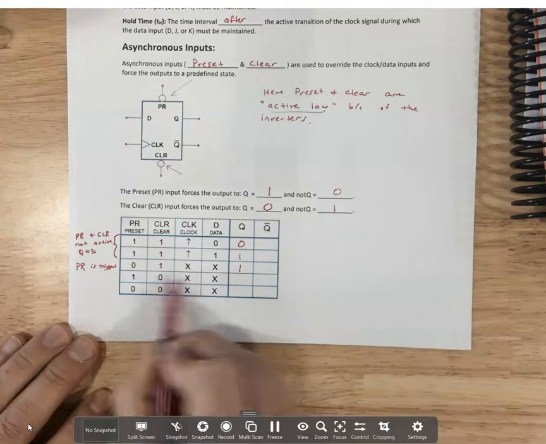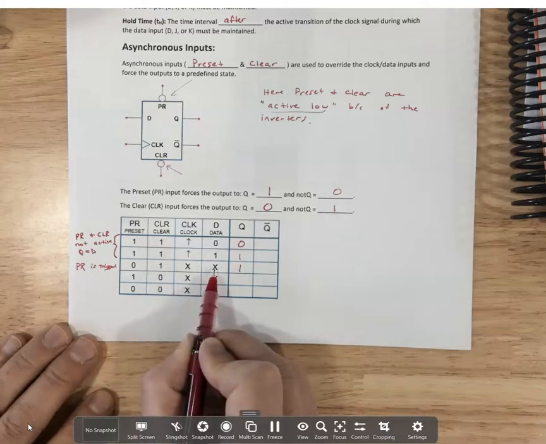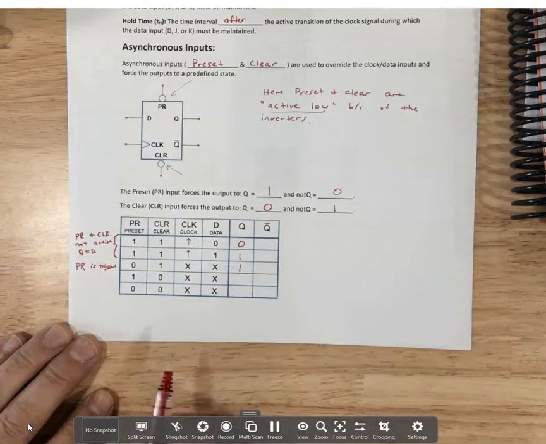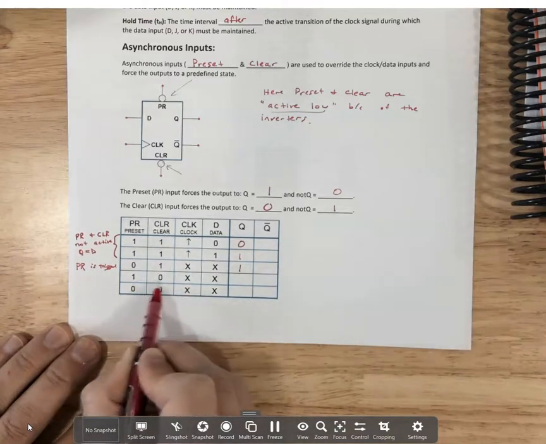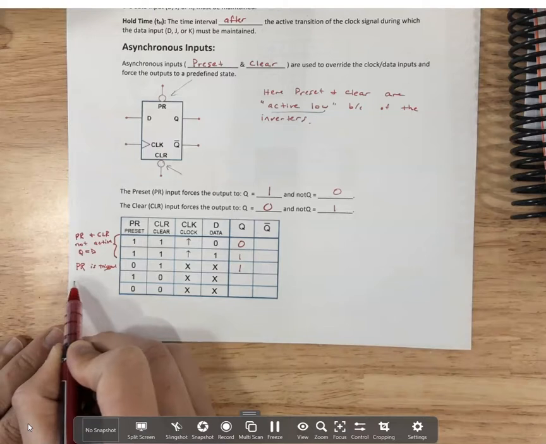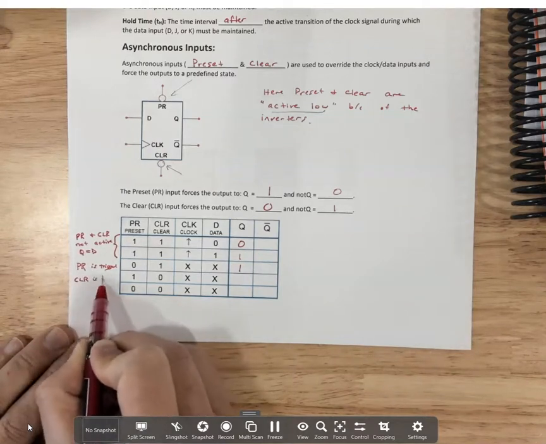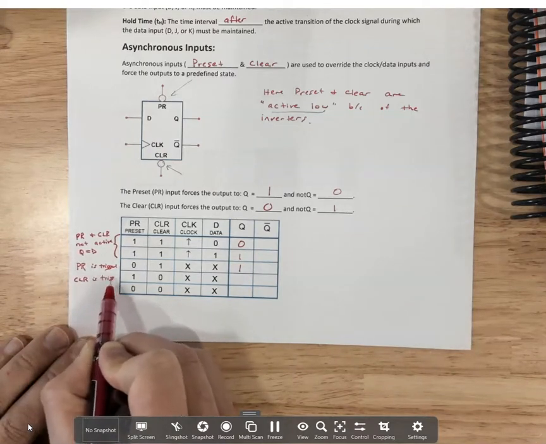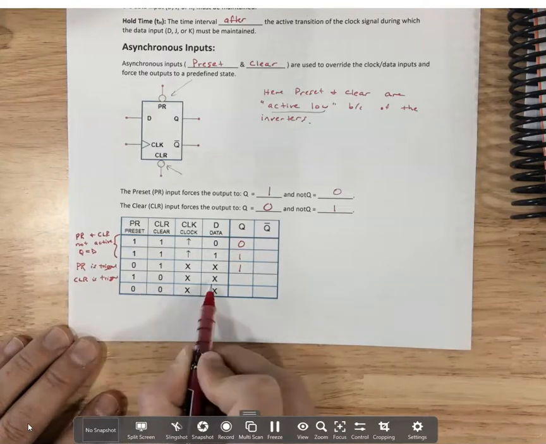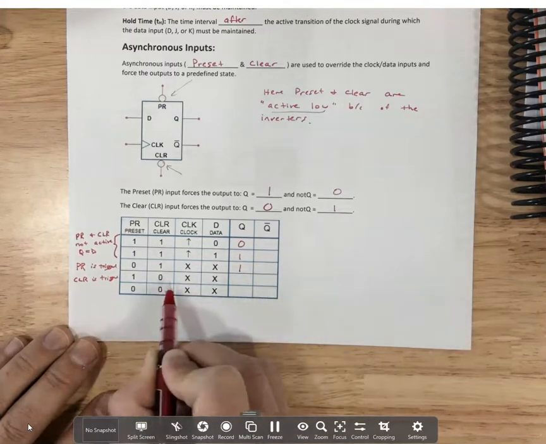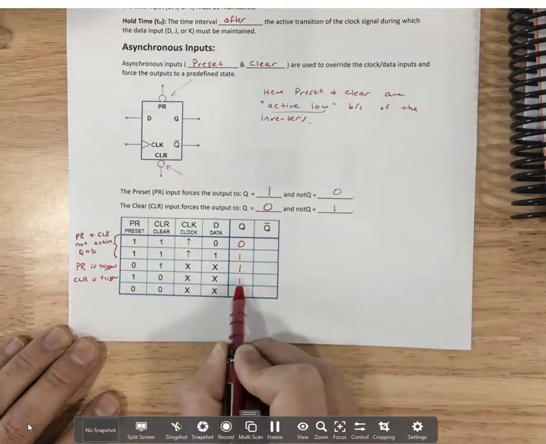It overrides the data. We don't care what's happening. And so Q switches instantly at that point to a 1. And then the other example is clear, triggered low. So CLR is being triggered in this column. And again, these override, so we don't care. When the clear is triggered, we are making the output go back to 0.